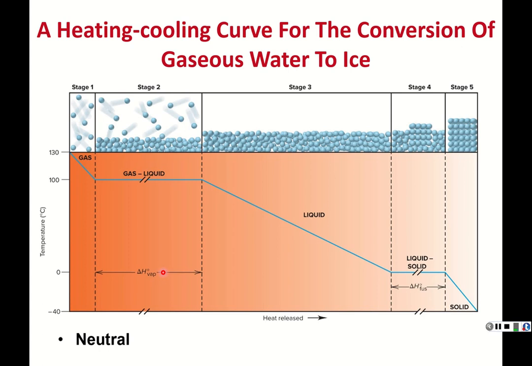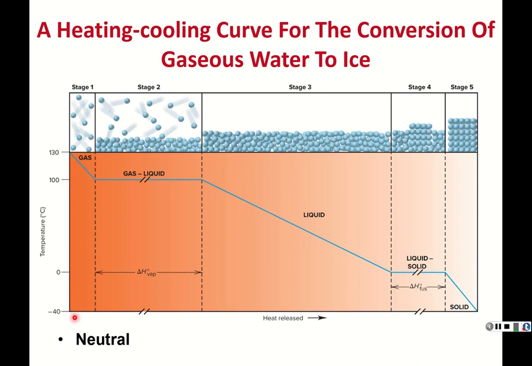So this figure is showing a cooling curve for water. If you look over on this side, you start at 130 degrees as water vapor and let it cool. As it cools and the temperature's dropping, you're releasing heat.